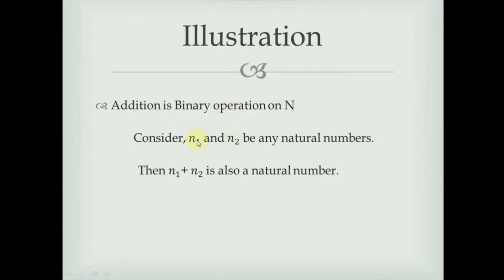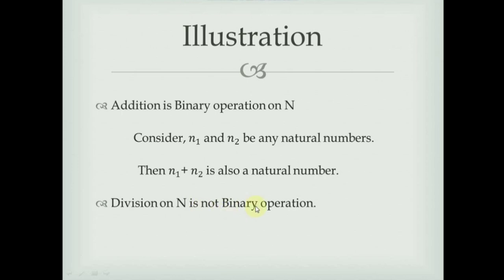Addition is a binary operation on the set of natural numbers. Consider n1 and n2 to be any natural numbers, then we know that n1 plus n2 is also a natural number. That is, the addition of any two natural numbers is again a natural number. That's why addition is a binary operation on the set of natural numbers.